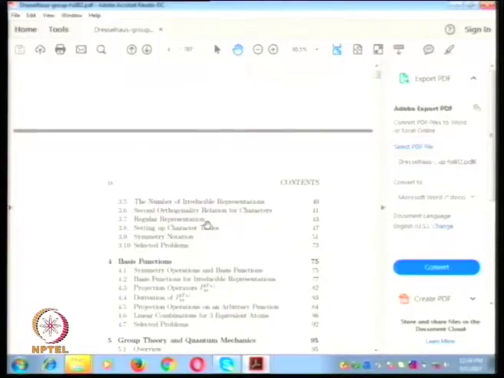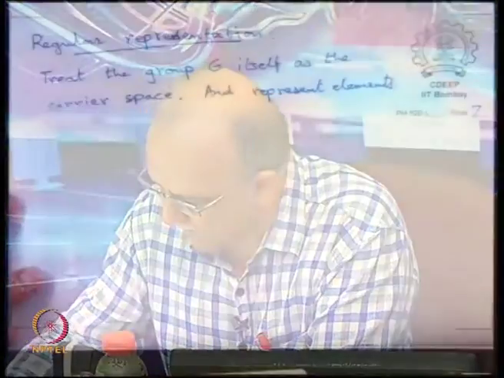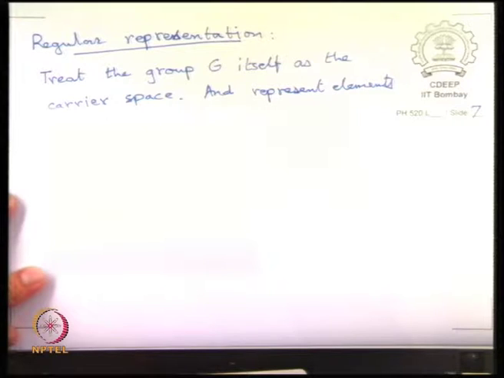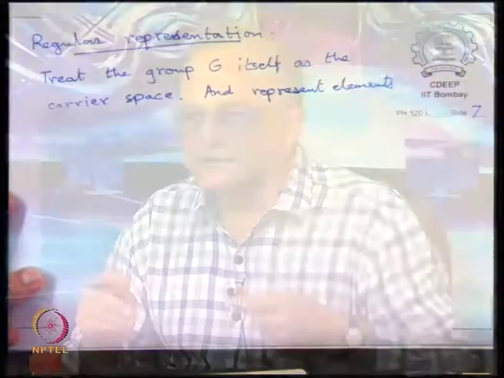But so the idea of a regular representation is that you treat the group elements themselves as the carrier space. It's quite amusing, isn't it? How much you can do with itself as the carrier space, and represent elements as permutations depending on how left action of that element permutes the rest of the group elements.